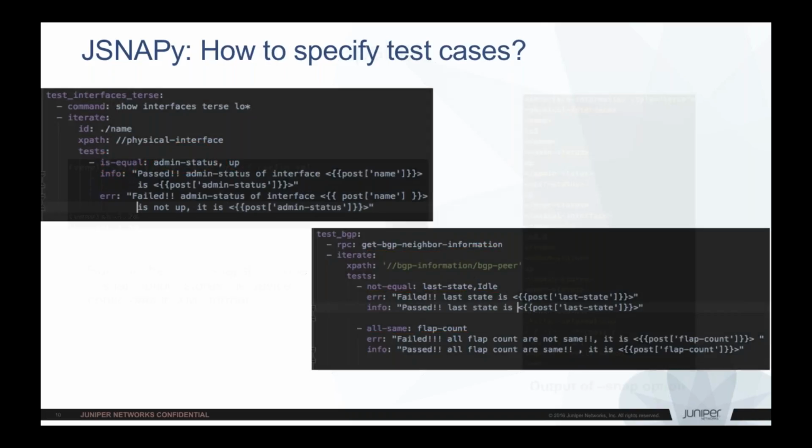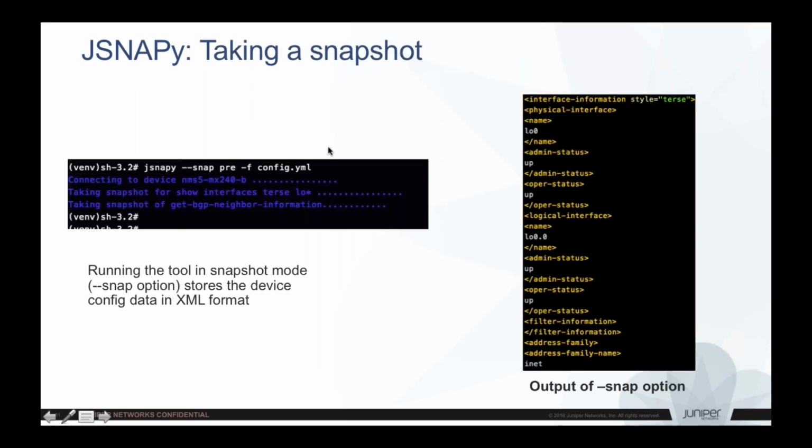Let's look at a quick run on how the tool can be used. As a command line tool, I can use JSNAPy to get a snapshot of the current state.